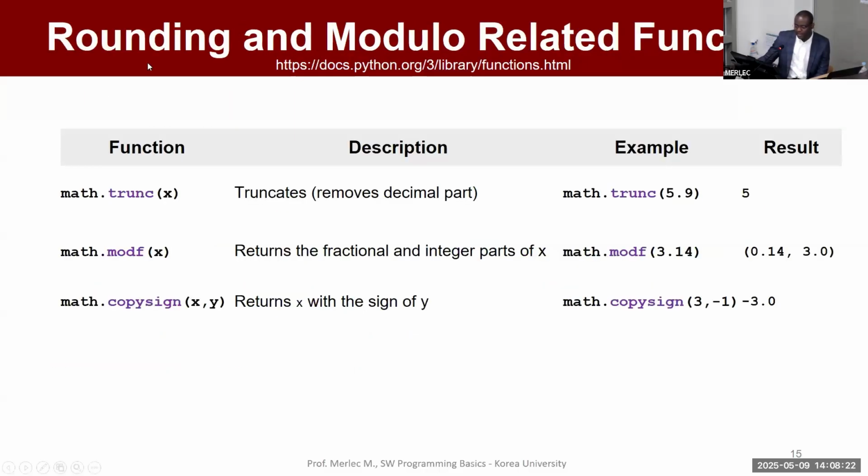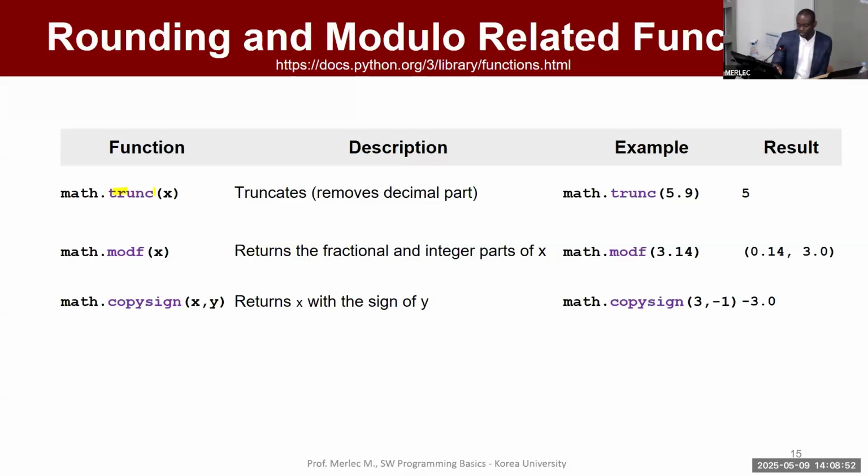Above that, we have other rounding and modulo related functions. Like in the previous examples, I used just the round and format functions to truncate the decimal points by defining the number of digits that need to be kept after the decimal point.